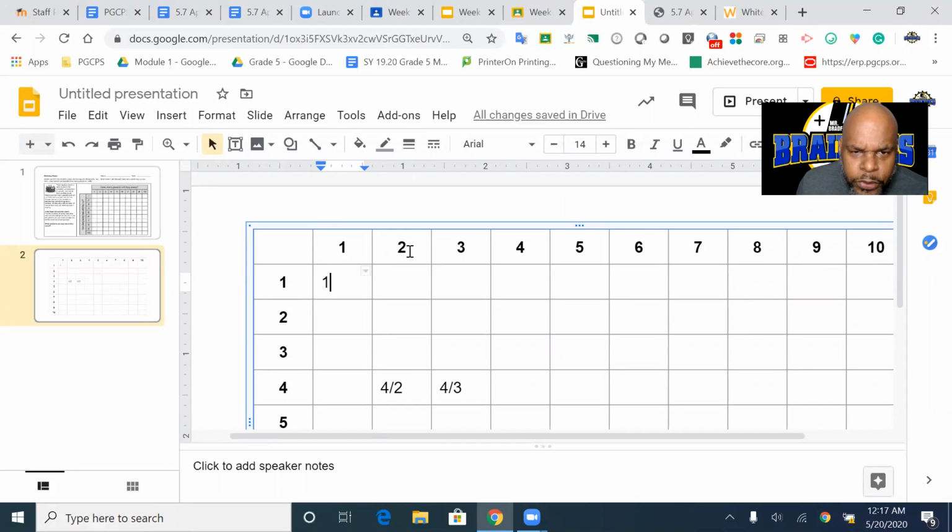If 2 people came and you bought 1 candy bar, then you would go 1 candy bar divided by 2 people. This is 1 candy bar divided by 1 person. If 3 people were invited and you only bought 1 candy bar, this would be 1 candy bar divided by 3 people.